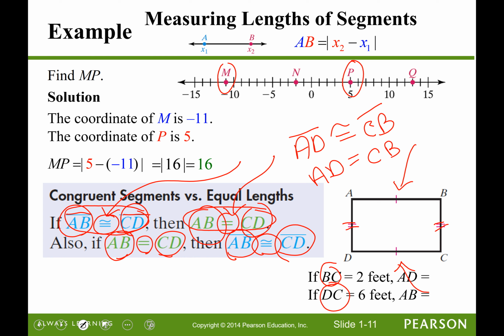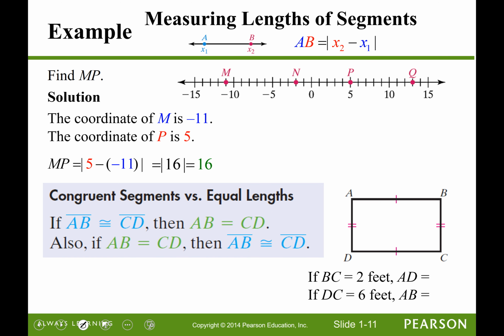I like to put those labels right on the figure. B to C would be this segment here, and that is 2 feet. And then they're asking us for the length of A to D. Those two segments are marked off as congruent, and that means that they have the same measure.